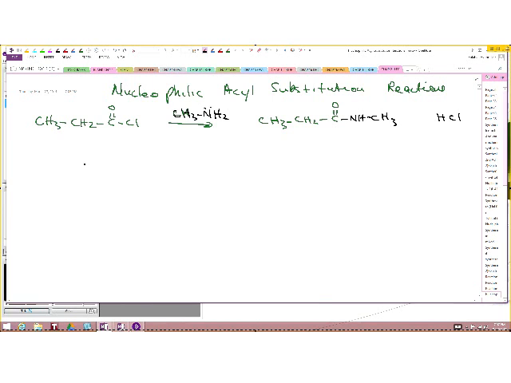What is the first thing that happens? Start with the acid chloride. Because of the reactivity of the acid chloride, in this case, it does not need an acid catalyst. It could react directly with the nucleophile by itself. So we have this here.